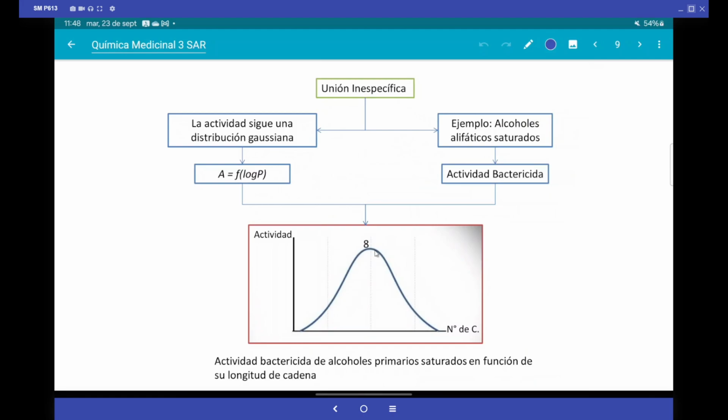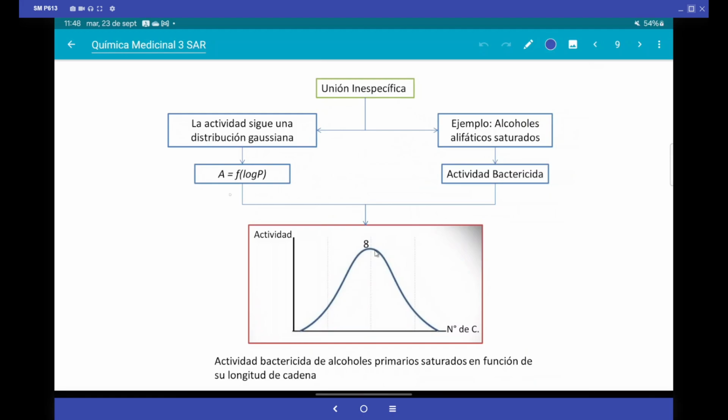You know that in this case, the octanol is not soluble in water. So although one adds a little water, it is not going to be soluble. It is super lipophilic.